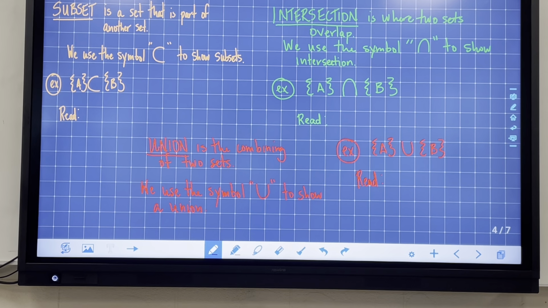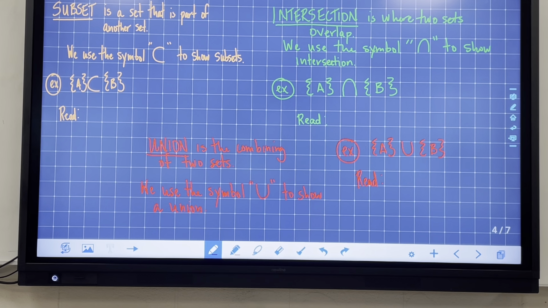Okay, some more symbols, getting into the finer points of this lesson. We have subsets, intersections, and unions. Okay, so starting with subset, top left. A subset is a set that is part of another set.